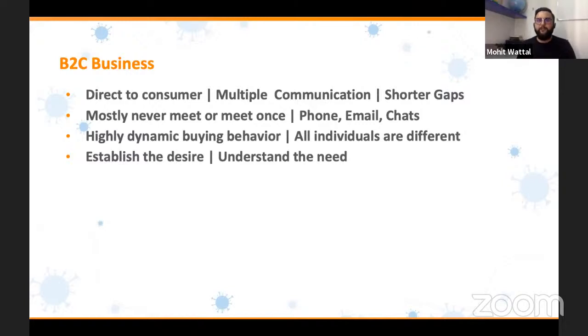Plus, every individual is different. My buying habits are going to be different than your buying habits. I, as an organization, need to understand that this is my target audience and these are the general buying behaviors. You could only do this if you have a CRM. You could only do this if you have a set process.